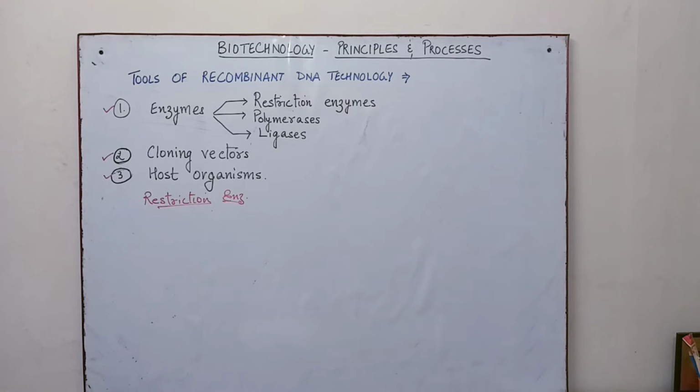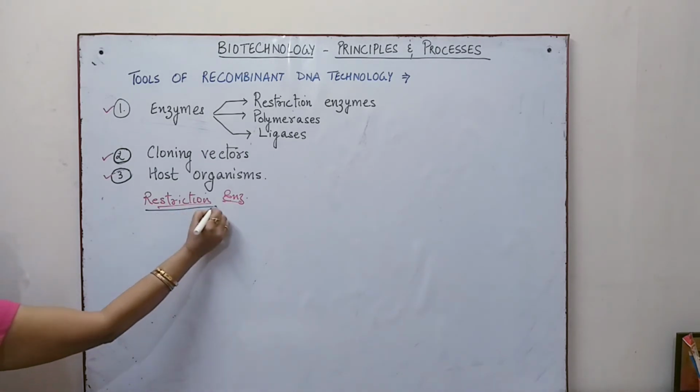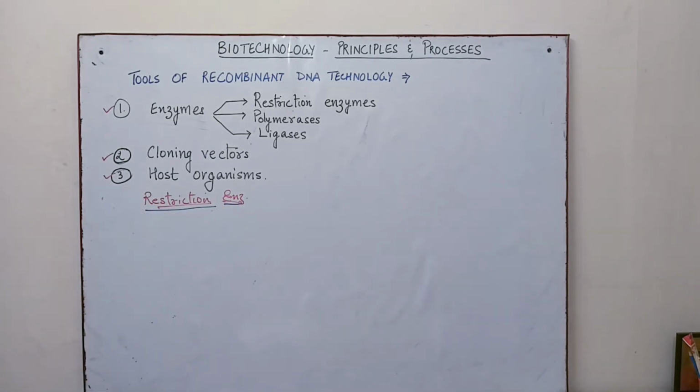And these restriction enzymes can be easily isolated from the bacterial cell and then used in the laboratory to manipulate fragments of DNA, and are therefore indispensable tools of recombinant DNA technology. So we use restriction enzymes extensively in recombinant DNA technology.